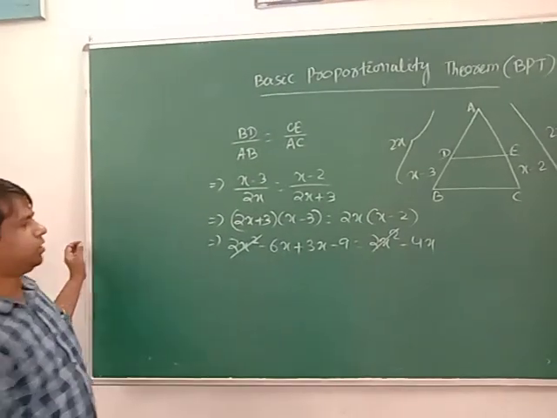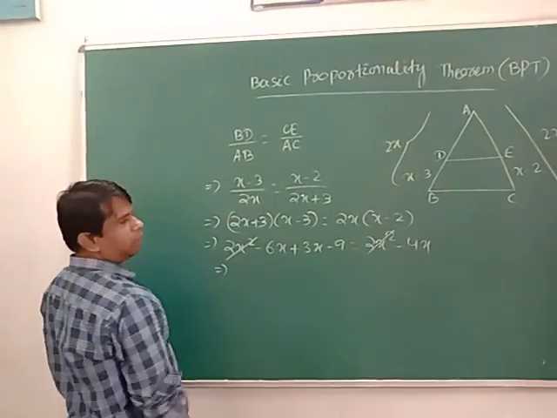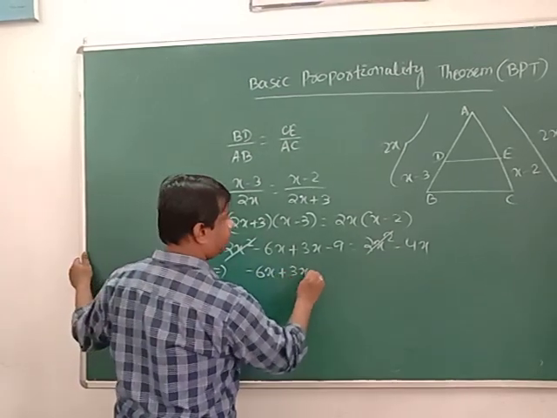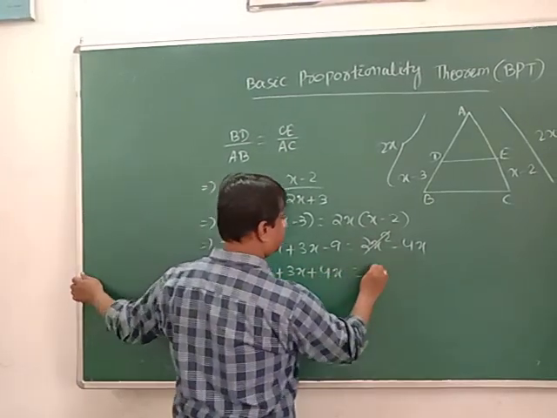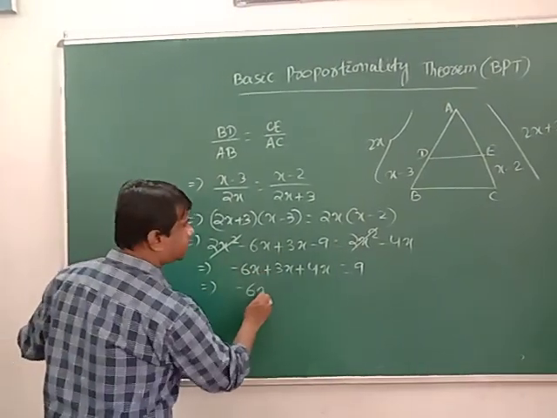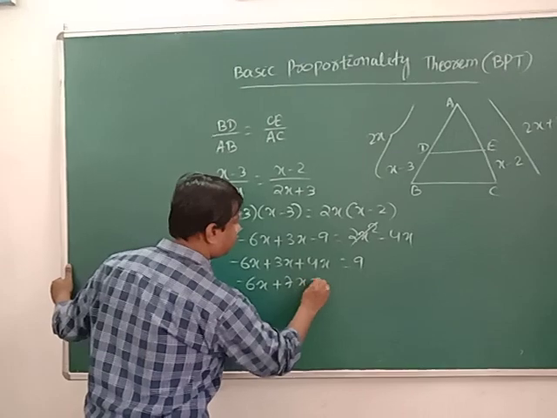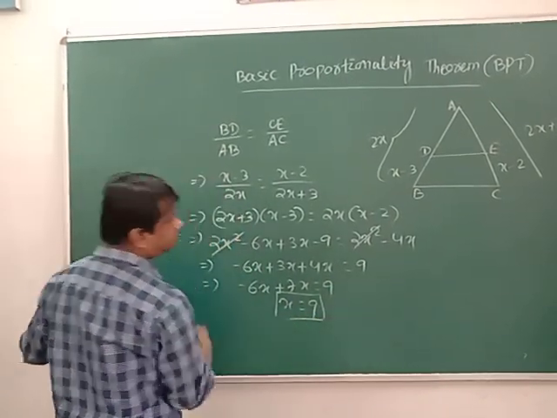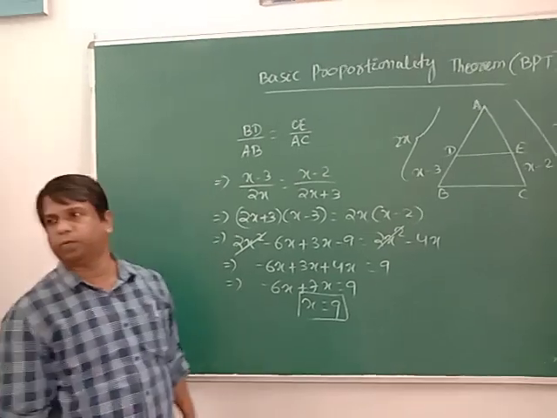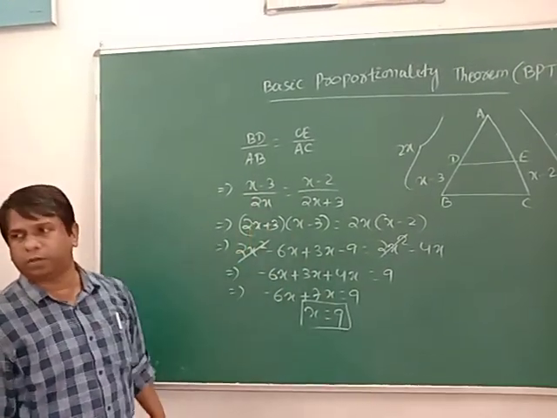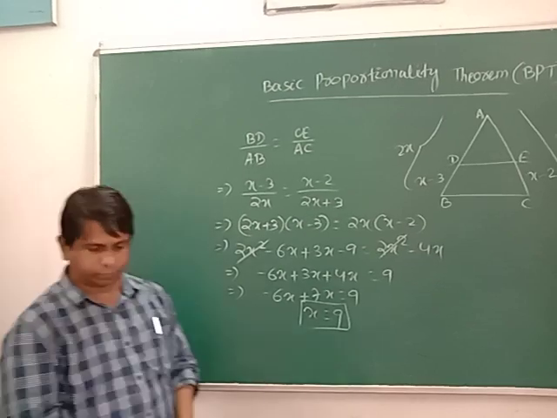So you take x one side and the constant one side. So minus 6x plus 3x plus 4x is equal to 9. So what I am getting? Now minus 6x plus 7x is equal to 9. So x is equal to 9. So this is the answer. This is an example of application of BPT.